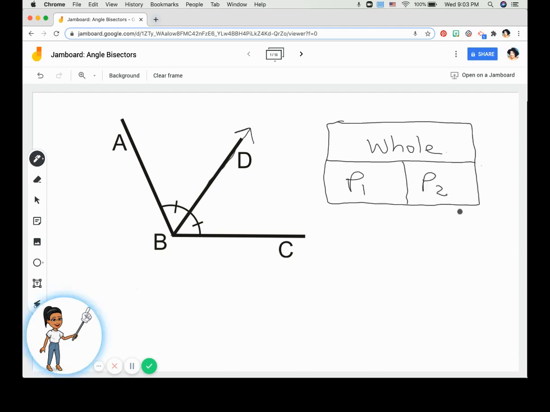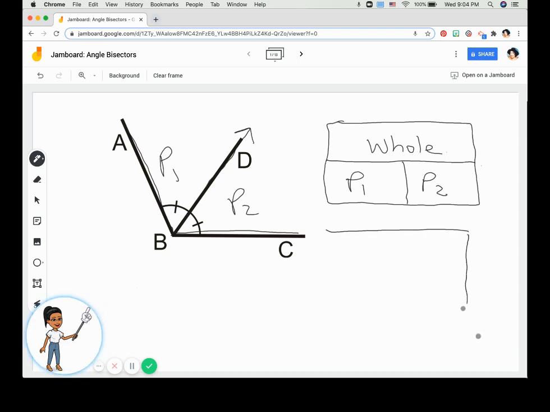So in this case, angle ABC is the whole part. Angle ABD is part 1, and angle DBC is part 2.